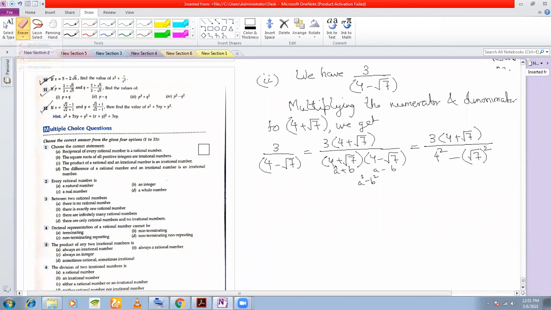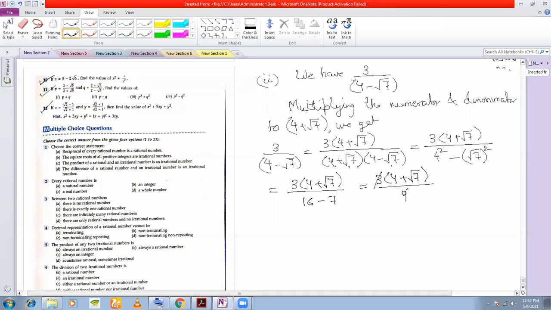Now we are going to simplify this. You get 3 times 4 plus root 7 divided by 16 minus 7, which is 9.